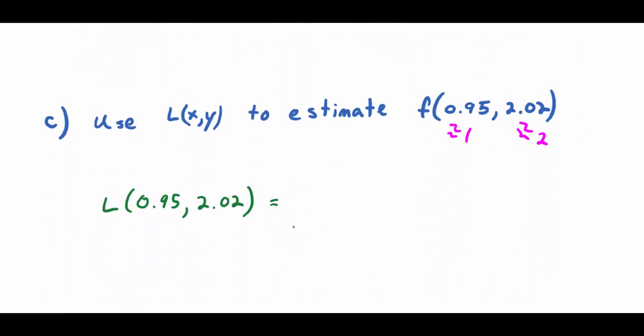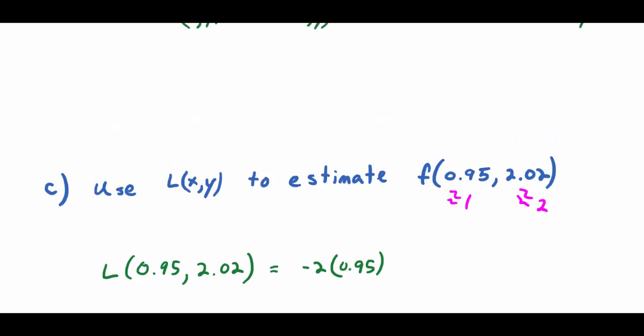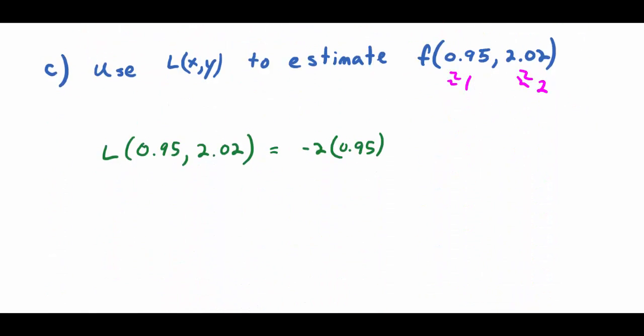And you get, let me write it down, negative 2 times 0.95, and then plus 2 times 2.02, and then don't forget to minus the 1. And if you're keeping score at home, you should get 1.14.